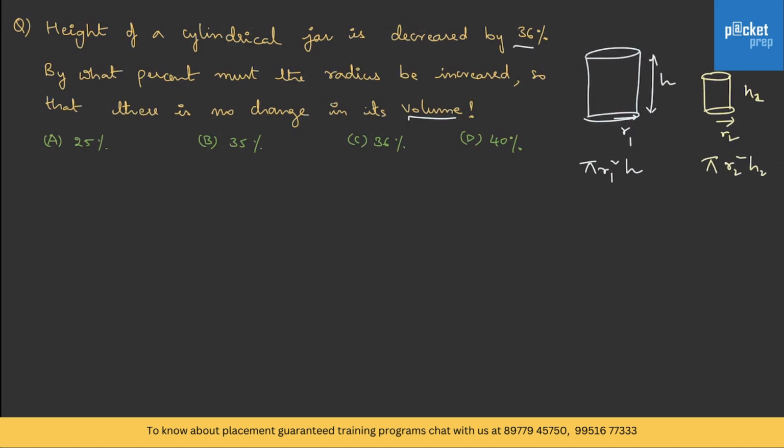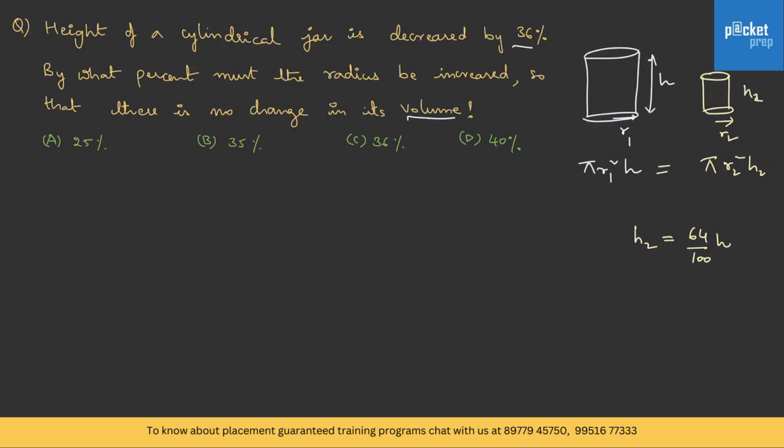But they have given a relation that H2 is decreased by 36%, that is left out quantity is 64%, that is 64 by 100 into H, and it's given that volume has to be equal, that means these two should be equal. If I substitute the values, I can write as pi r1 square H is equal to pi r2 square H2.